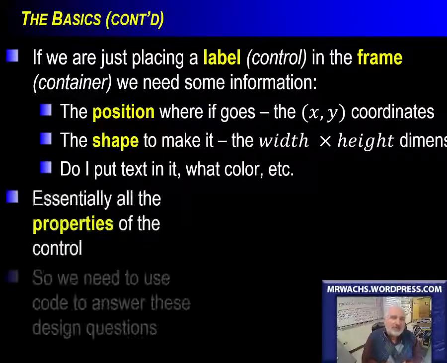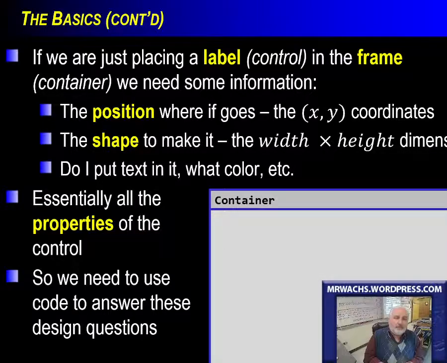But even when we place a label inside of a form or a tool inside of a container, where you put it matters. So this is a matter of positioning. Where do I position that label? In addition to where I put it, how big I make it, or the shape of it, is also a matter. This is a mathematical thing.